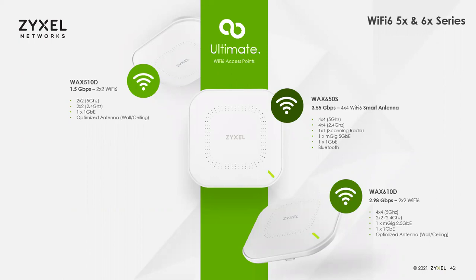It can also be used for doing rogue AP detection. It has Bluetooth built in for providing beacon type applications, and it has a 5 gigabit Ethernet connection to help support those faster Wi-Fi 6 speeds that the 4x4 radios are giving you.